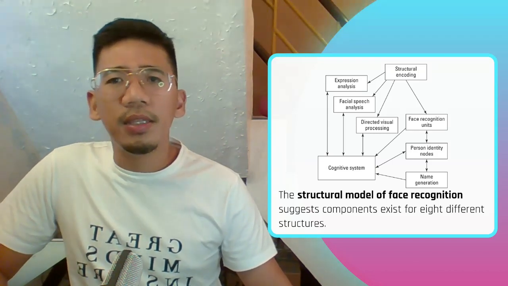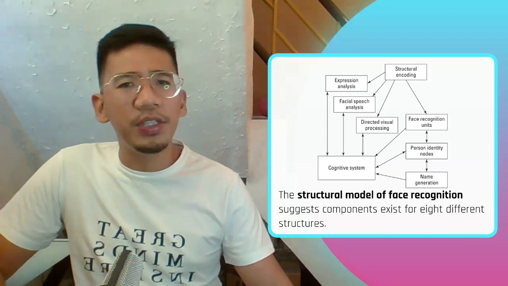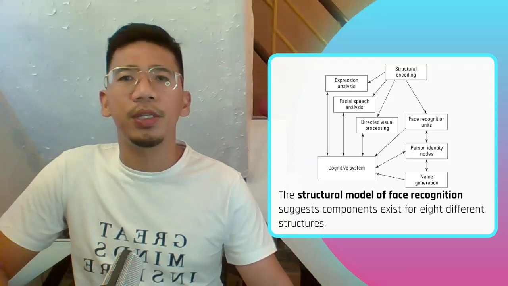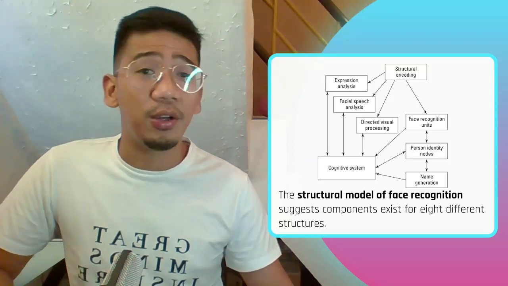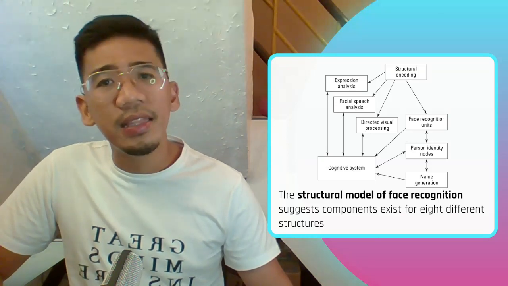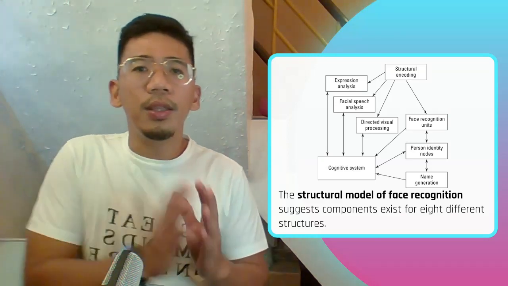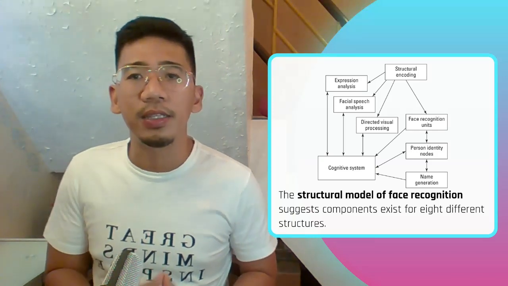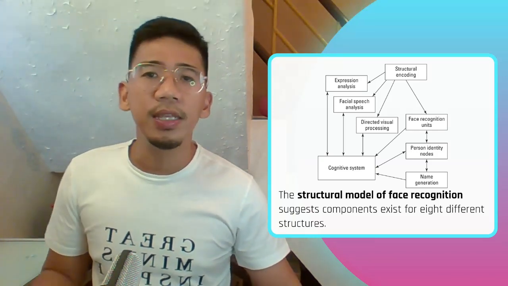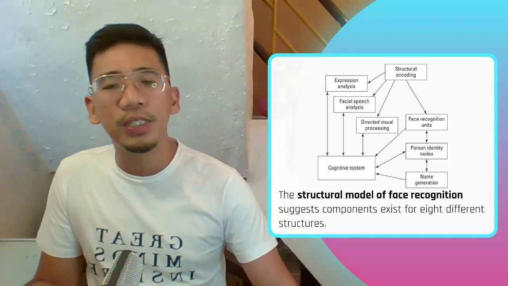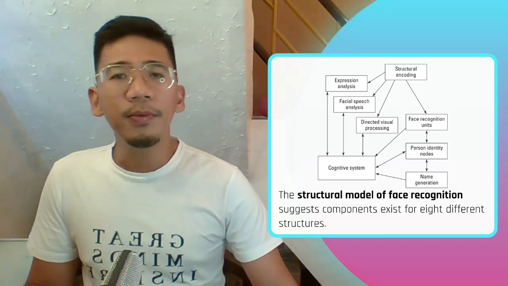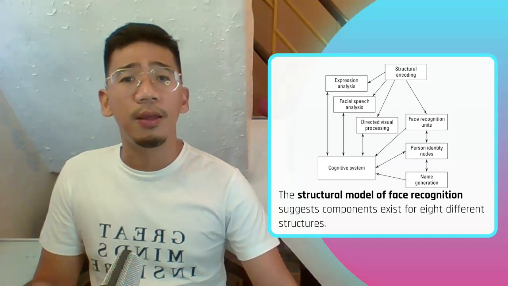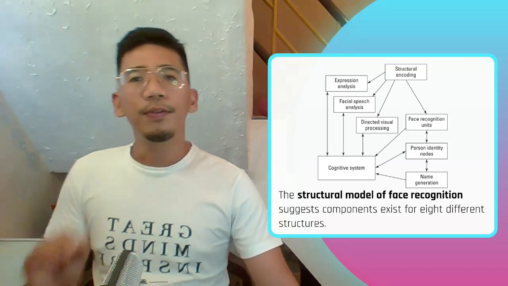This model predicts that people can have deficits in emotion processing but intact face recognition, something that has indeed been observed. The model also predicts that name information can prime faces of known people. That is, if you present the name of someone familiar, you become faster at recognizing the person from a picture.